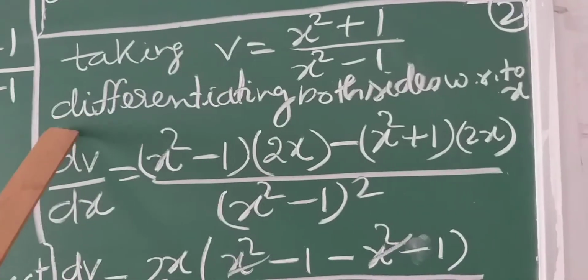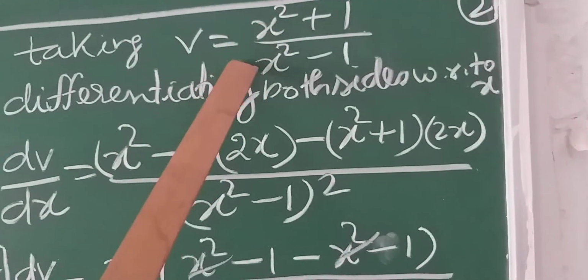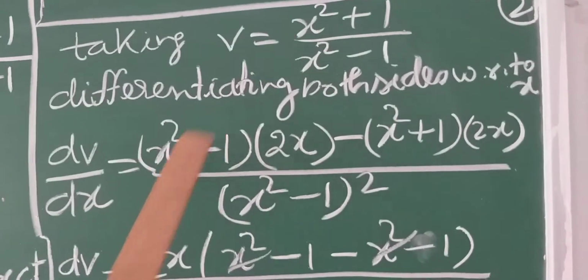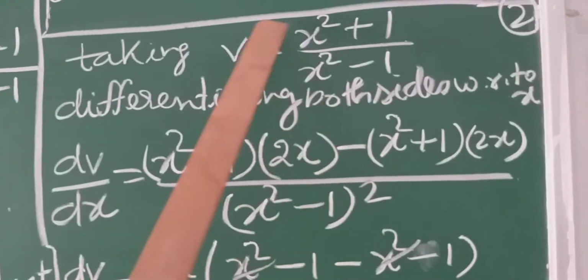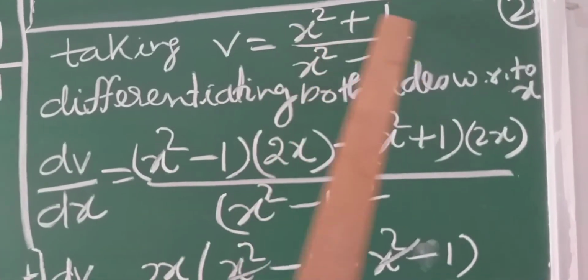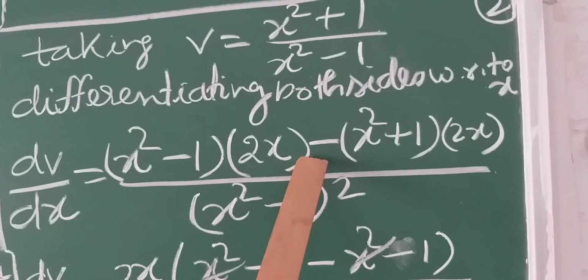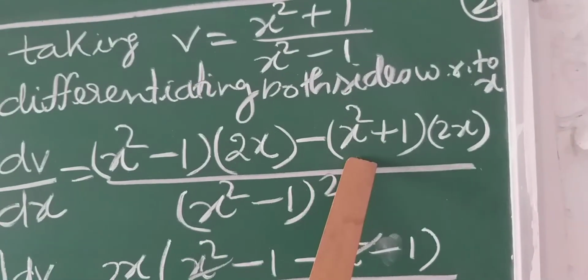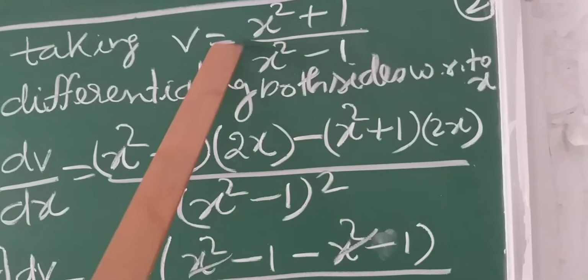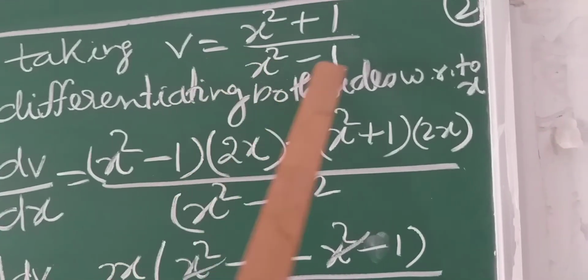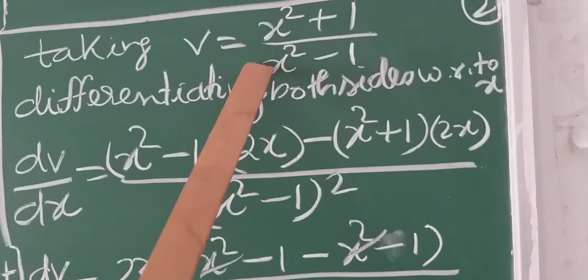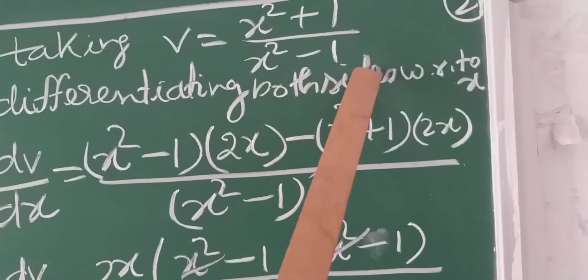So dv upon dx: denominator as it is, differentiation of numerator is 2x plus 0, means 2x, minus sign of the formula, numerator as it is, derivative of denominator x square minus 1, its derivative 2x minus 0, means 2x.